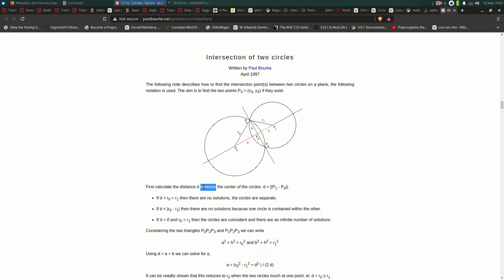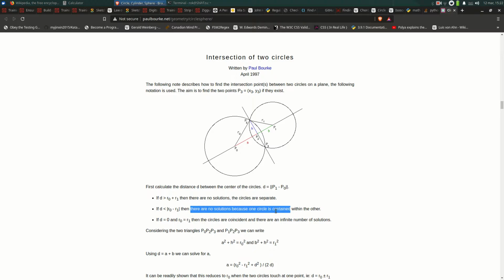First, calculate the distance d between the centers of the circles. The following note describes how to find the intersection points between 2 circles on a plane. They want the points P3, 2 points. So the P3, where is P2? If they exist. First calculate the distance D between the centers, okay, so this is the D. If D is more than R, then there are no solutions, the circles are separate.